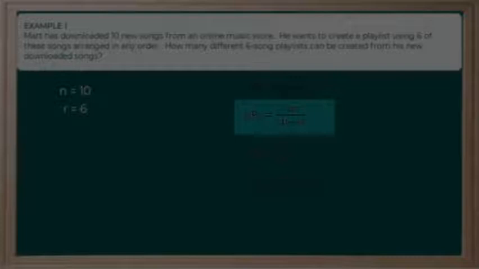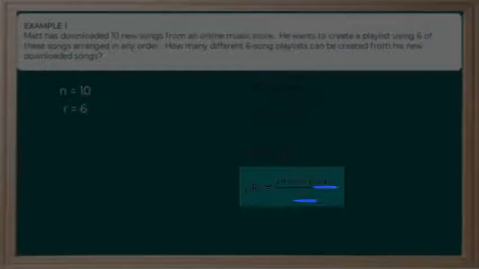Now, if we simplify this a little bit further, we'd have 10 pick 6 equals 10 factorial divided by 4 factorial. Now I'm going to take my understanding of factorial notation and simplifying these types of equations. So I'm going to start out by writing a few factors in my numerator, and I'm going to stop when I get to 4 factorial.